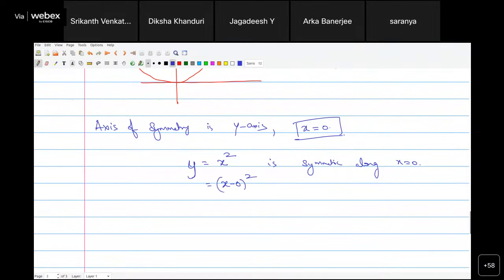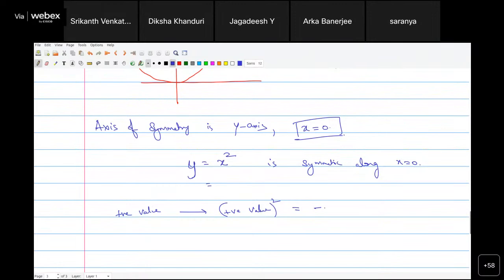Whatever positive value I take, its square will be equal to the square of the corresponding negative value.